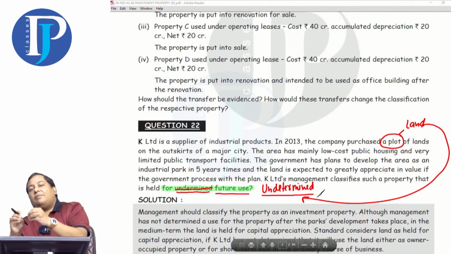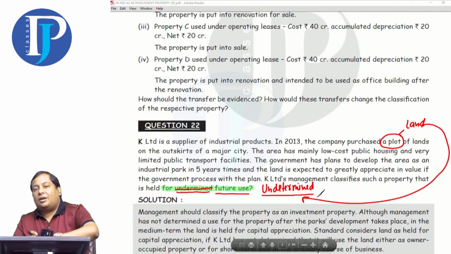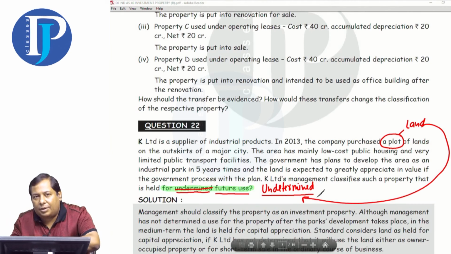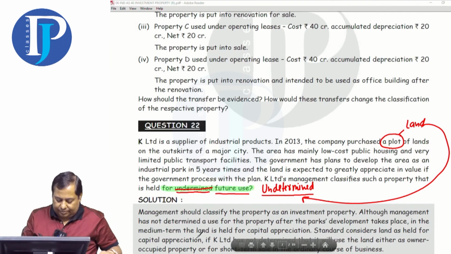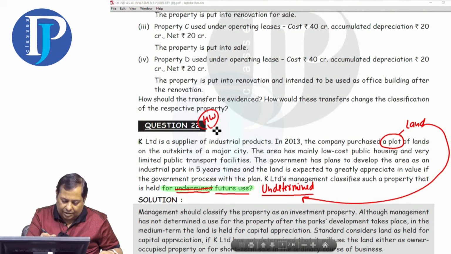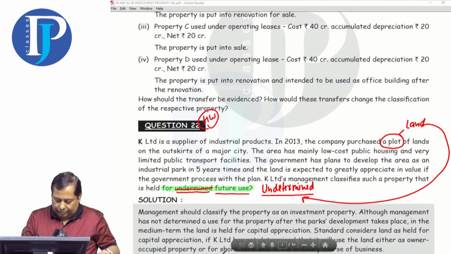When we don't have a specific use for it, I asked you to write down a point in class about various issues that we will assume it as investment property and apply 40. Because even if you don't do anything, land will get appreciated. So this is in your homework. You should do this. Although management has not decided the use of the property, after development takes place, in the medium term, the land is held for capital appreciation.